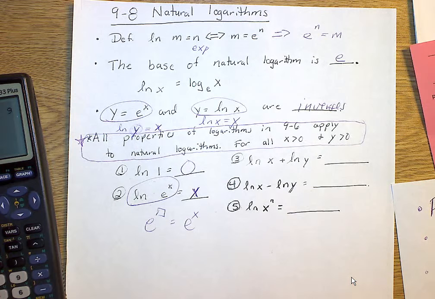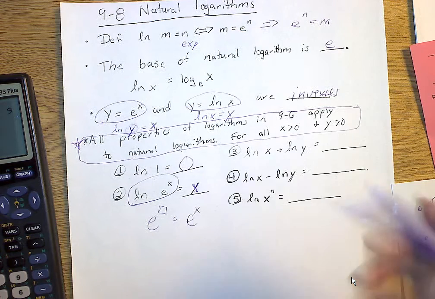Logs are exponents. So since logs are exponents, when do we add our exponents? What are we doing to our variable when we add exponents? We add exponents when we are multiplying the variables.